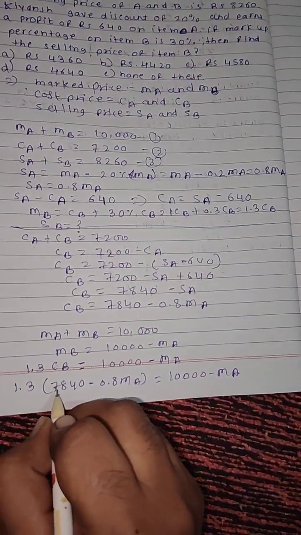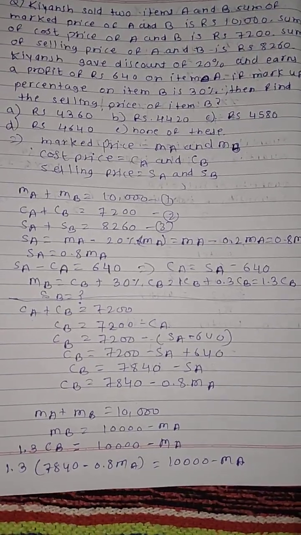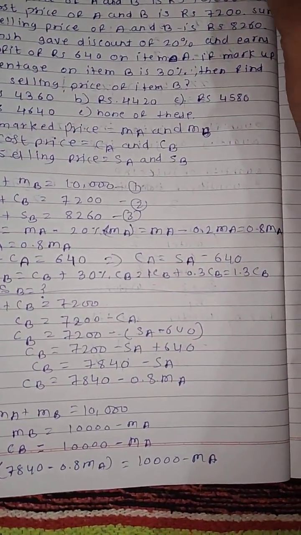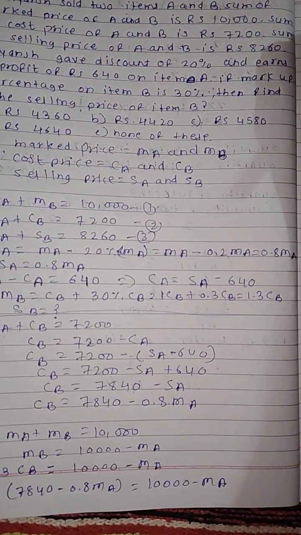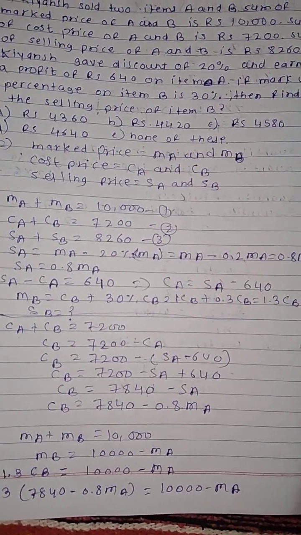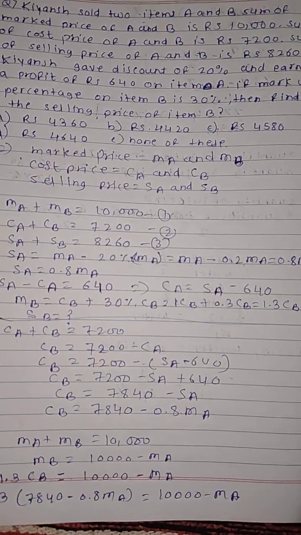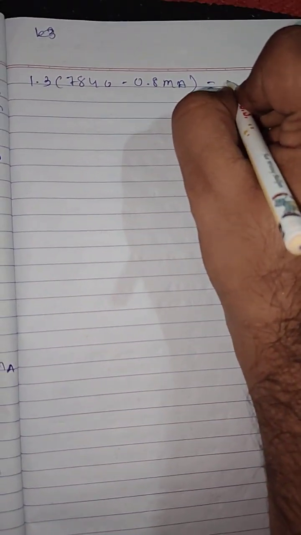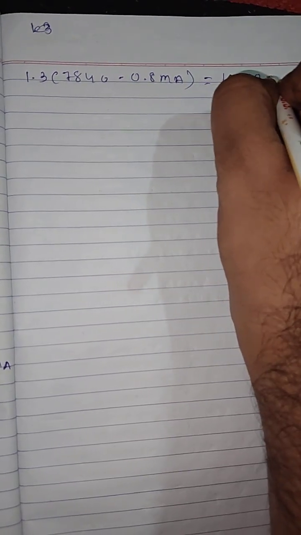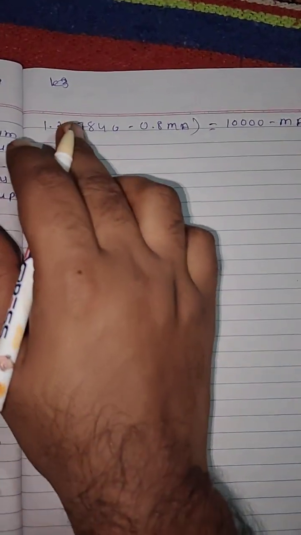So 1.3 times, I will write here on the next page, 1.3 times (7840 minus 0.8 MA) equals 10,000 minus MA. So I just wrote it as it is.